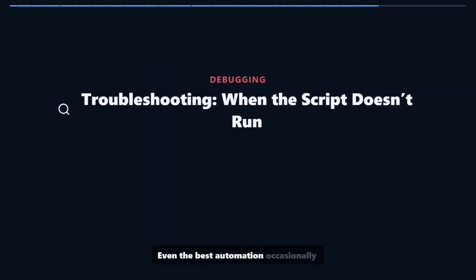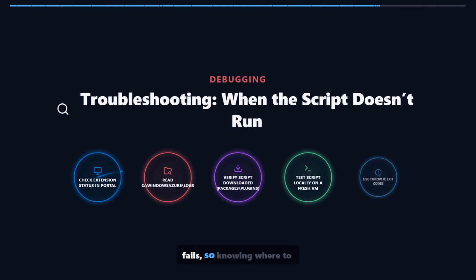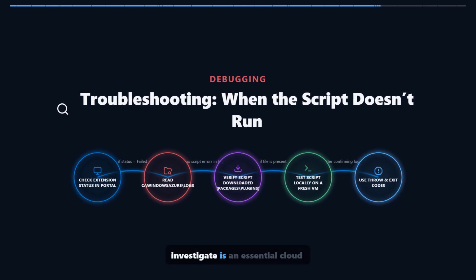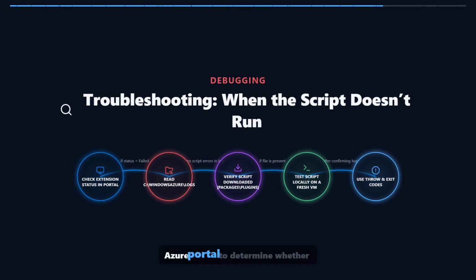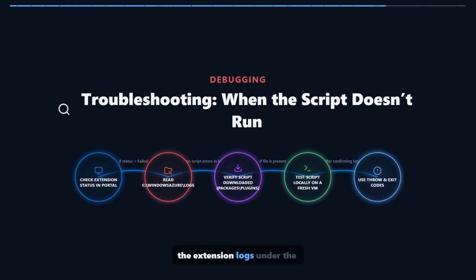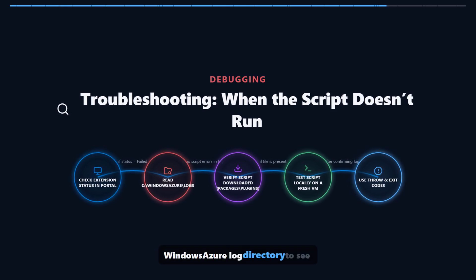Even the best automation occasionally fails, so knowing where to investigate is an essential cloud engineering skill. Start by checking the extensions blade in the Azure portal to determine whether Azure reports the deployment as successful or failed. Next, examine the extension logs under the Windows Azure log directory to see exactly what happened inside the VM.